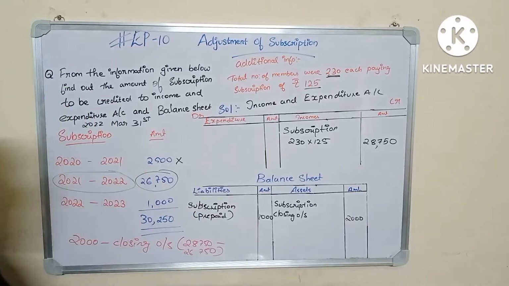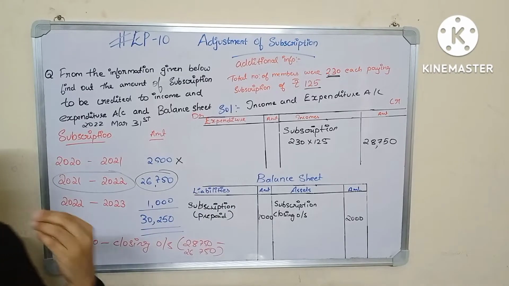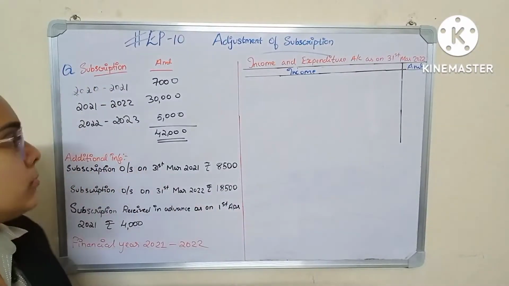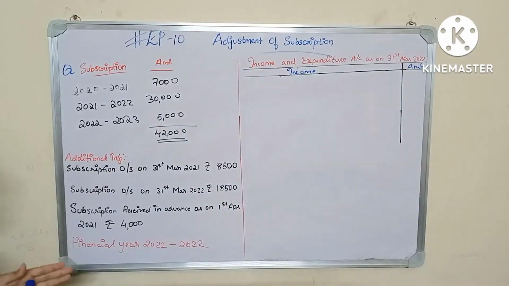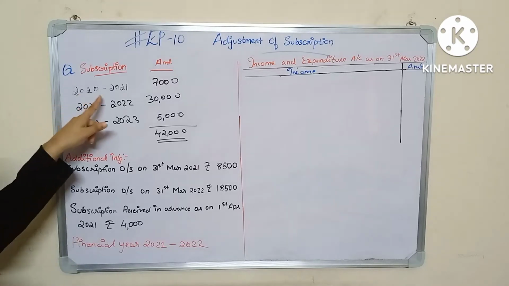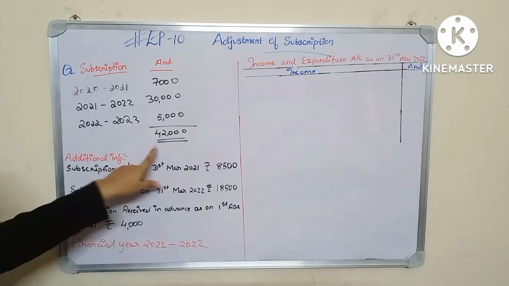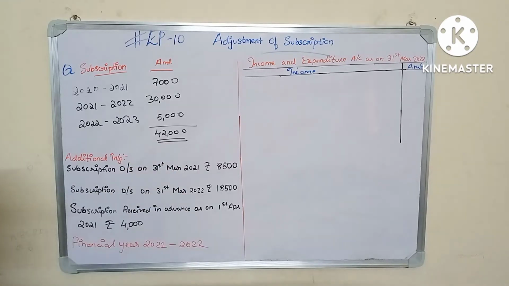So this is one problem. Now let us discuss another problem. Subscription: for 2020-2021 it's 7,000, 2021-2022 it's 30,000, 2022-2023 it's 5,000, and in total you have 42,000.